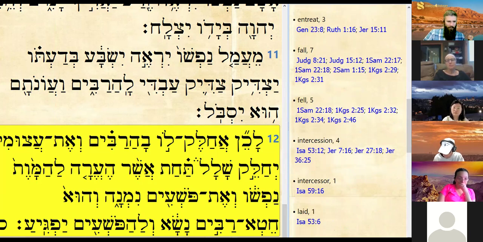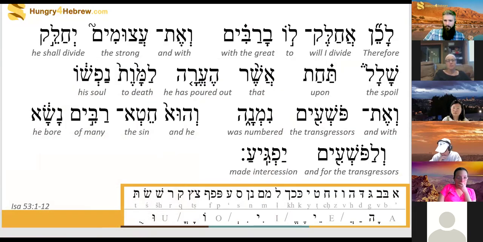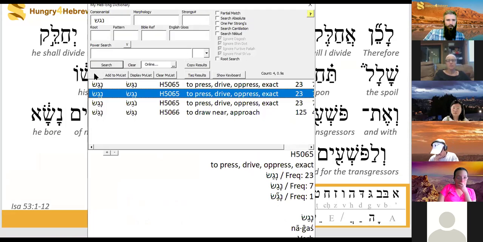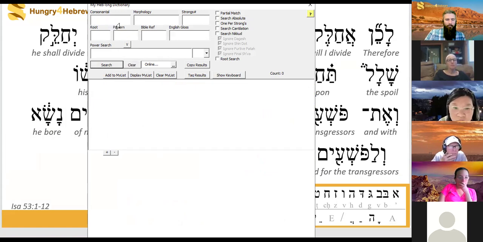I wonder if I can look that up here. Wait, where did it go? So I want to look up the root. Okay, let's look up the root naga. No, paga, but that's the absolute form. What?